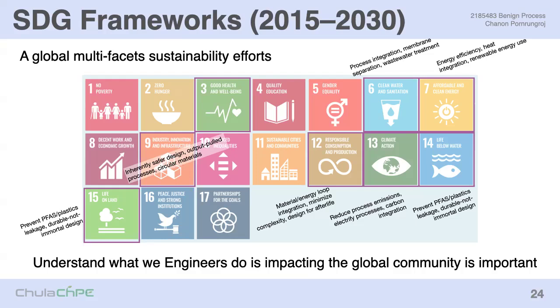Okay, I just want to show this chart rather quickly. As you know, the UN has created this framework called the Sustainable Development Goals since 2015, and it will be used toward 2030. I just want to point out where chemical engineers fit into these sustainability efforts, right?